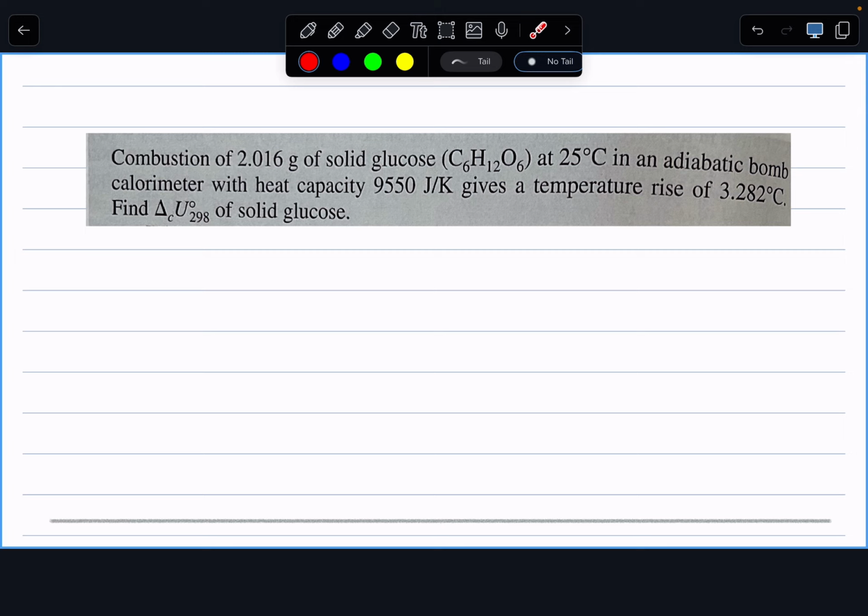I just want to quickly mention that this little c tells you that's the delta U naught 298 for 1 mole of glucose.